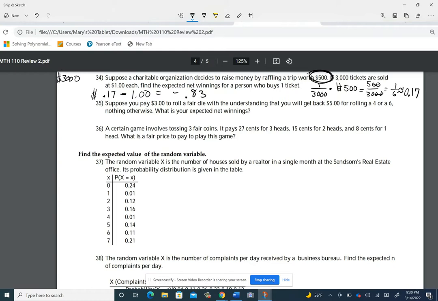That would be their profit if the trip was donated. If it wasn't, then they had to pay the cost of that trip, and so $2,500 would be the profit for the charitable organization. Now, that's not this question. That was just me throwing in a what if question.